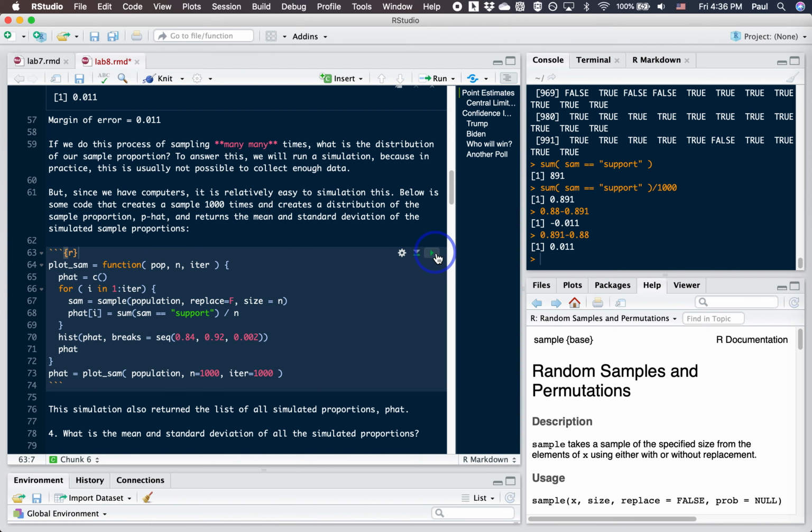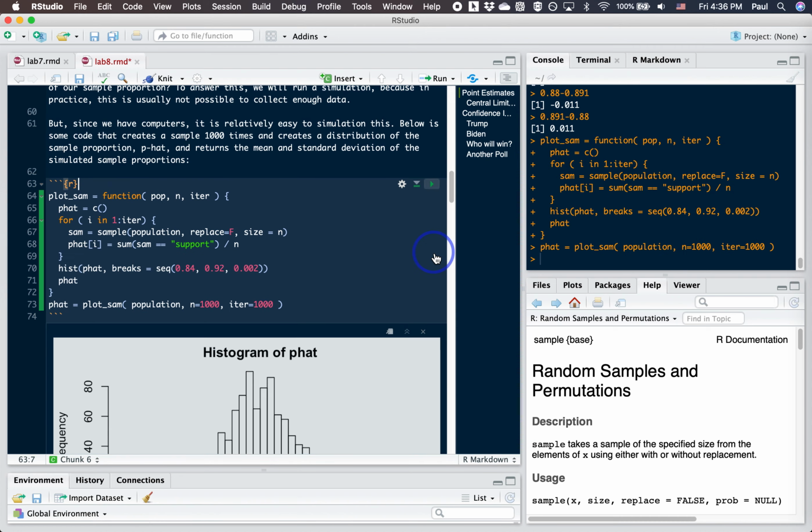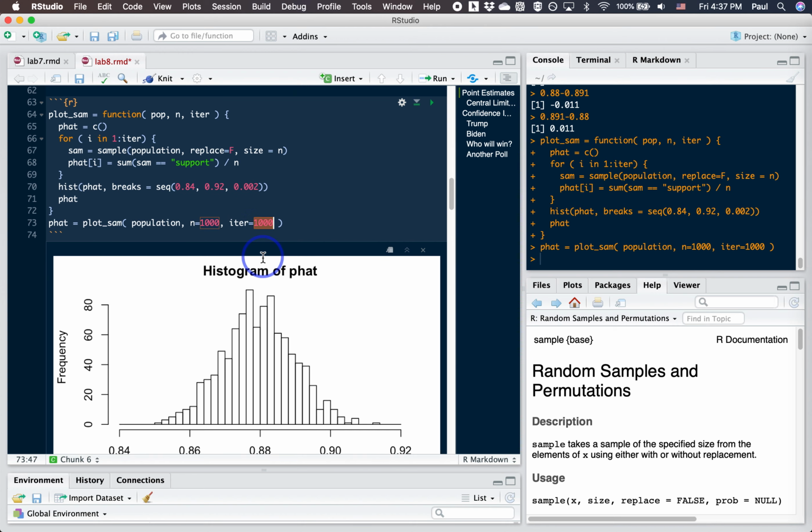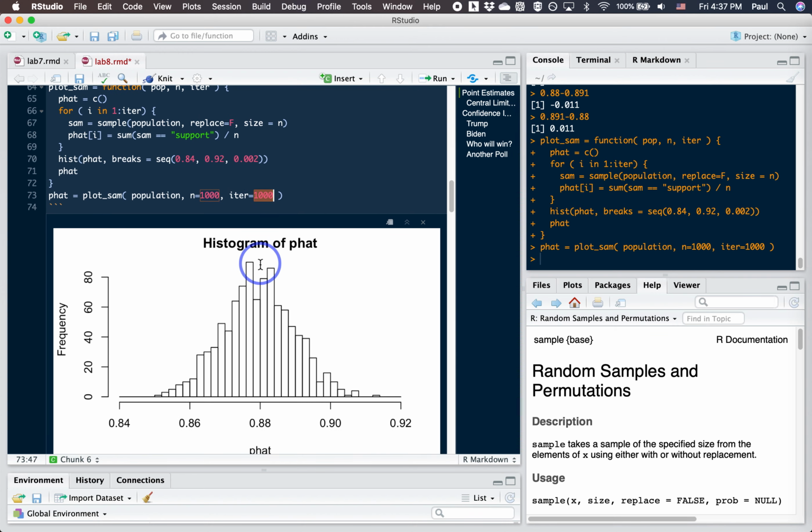This is some code I've made to run a simulation, and notice it takes a little bit of time to run because we're doing a simulation of 1,000 people 1,000 times. It's a fair amount of data, but even a desktop computer can do this quite easily. This tells me that of all the different proportions, most of them were centered around 88.